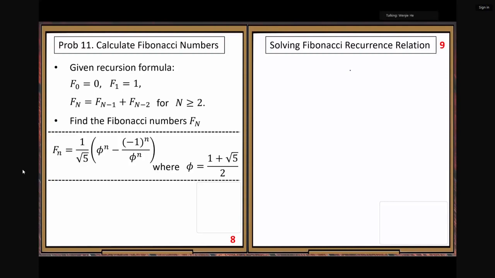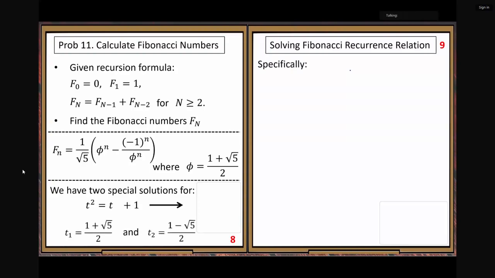That's our modeling step. After we complete the modeling step, now we need to move to the next step. We have two special solutions, T1, T2. If we plug in the first solution, this recurrence relation is satisfied.